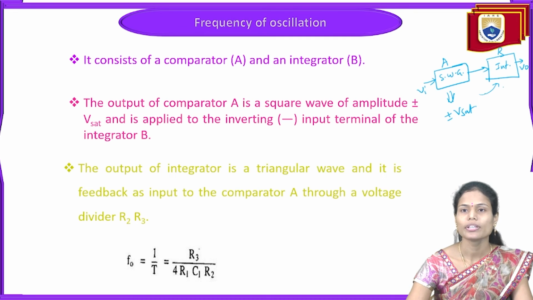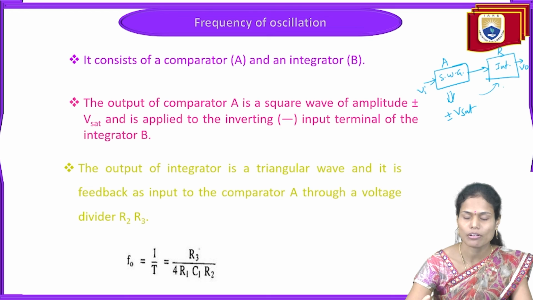The output of the integrator is the triangular wave, and it is fed back as input to comparator A through a voltage divider circuit R2 and R3. We are giving back some fraction of this triangular wave to the square wave generator through the feedback network R2 and R3.